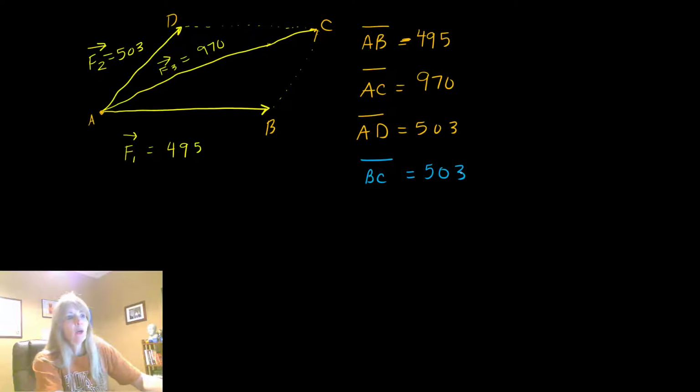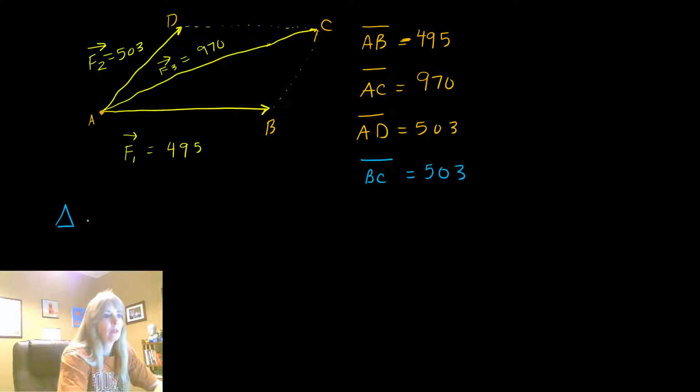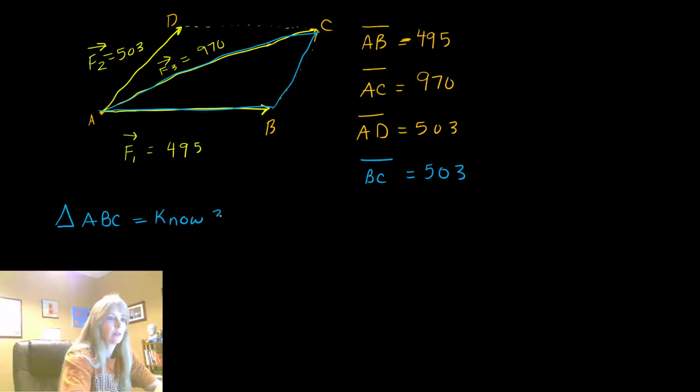So basically, if I'm looking at triangle ABC, then I know three sides, and I want to be able to find the angle.